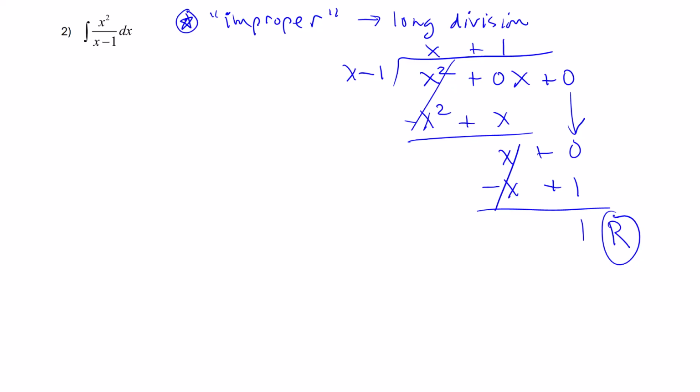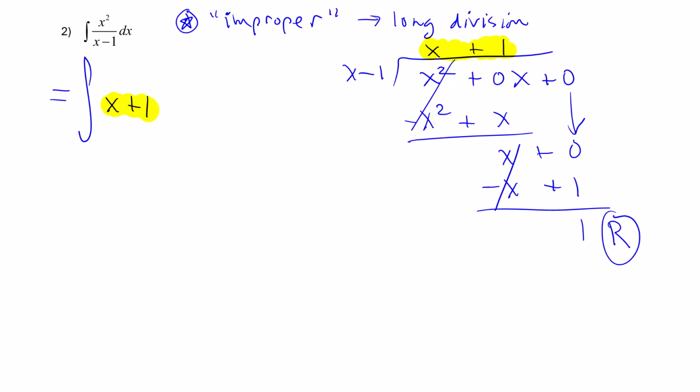Well, what's nice about what we have as the result is the following. I can turn this original integrand into the following. So the terms are now going to be x plus 1. This is coming directly from the result of our long division.